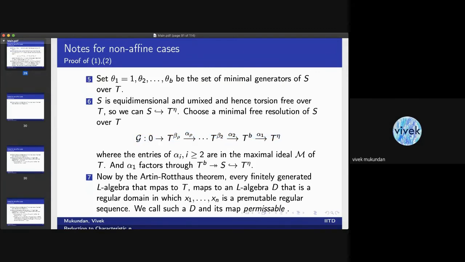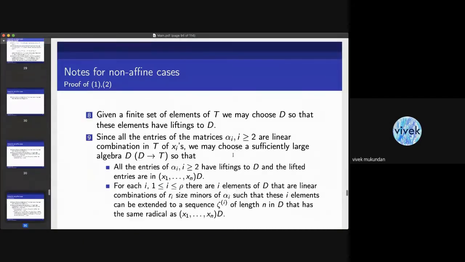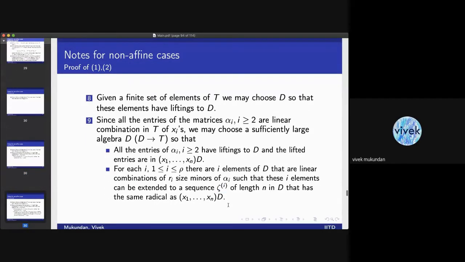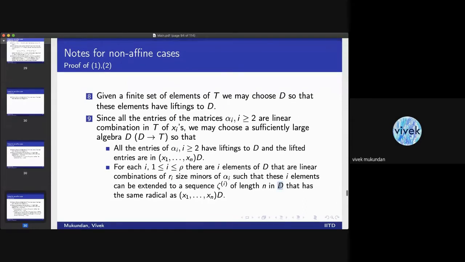So what that is saying is that if I look at the Ri-level minors of alpha i, you can find some combination of the minors of Ri-level minors of alpha i that forms a sequence of length i. Make sure that that can be extended to a full sequence zeta i of length n in D, which has the same radical as x1 to xn. And this is the same technique we did for the Zi's at the beginning.